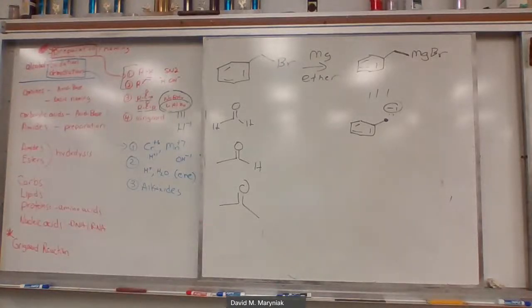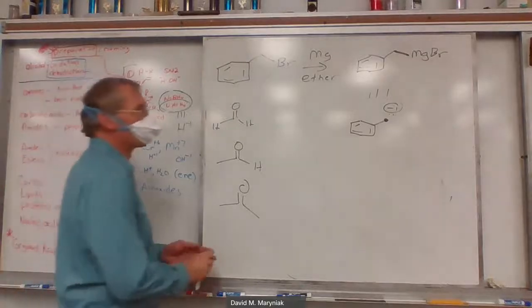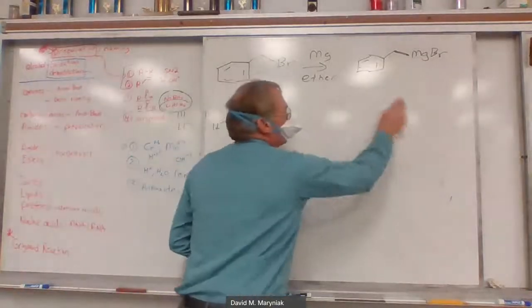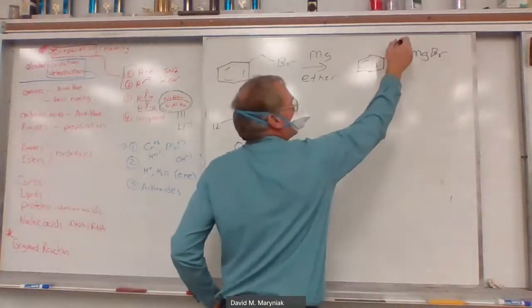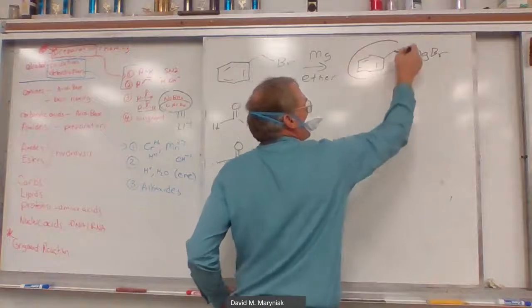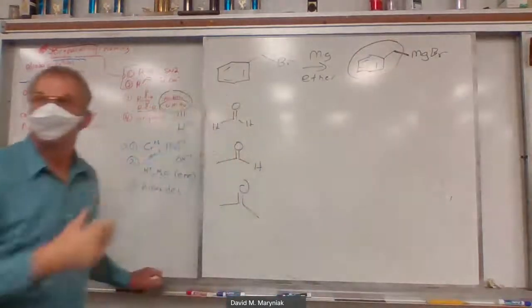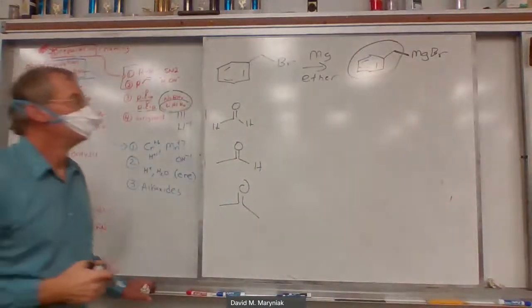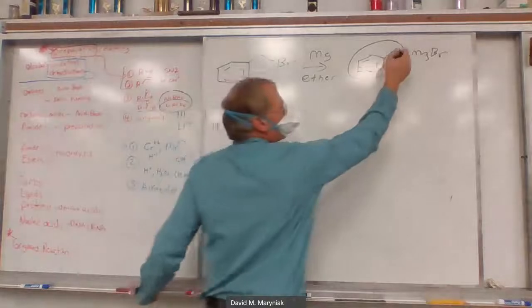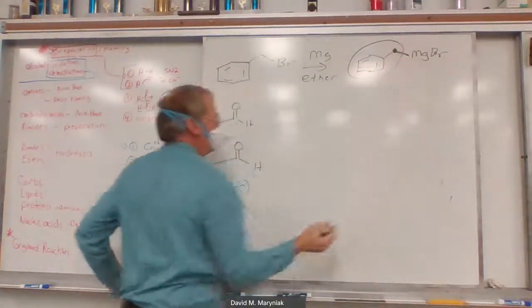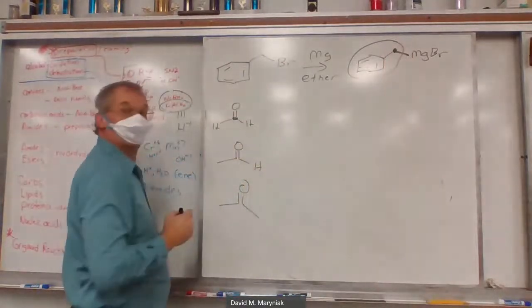So would the Grignard react with all 3 of those? The other way you can do it is just think about this group as being the carbon group that you'll add. So the key is I'm going to connect this carbon to that carbon.